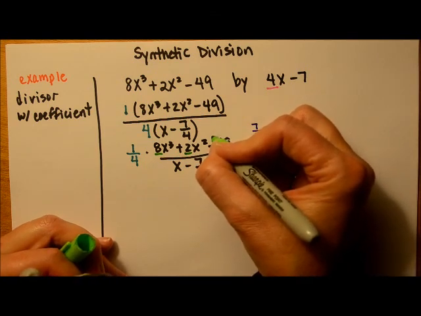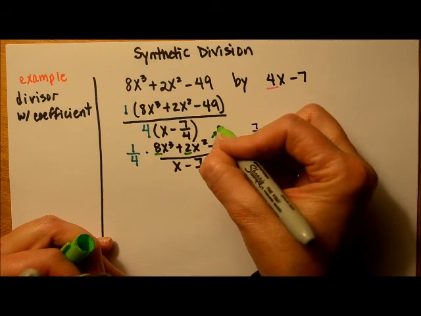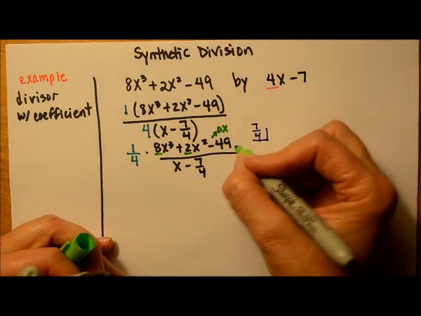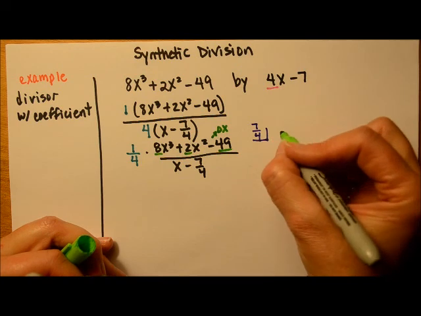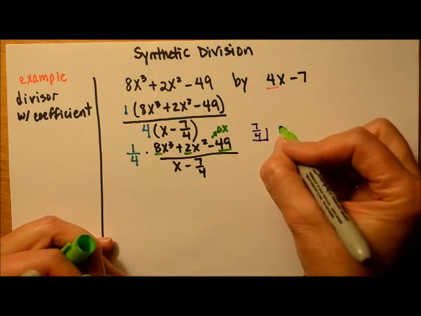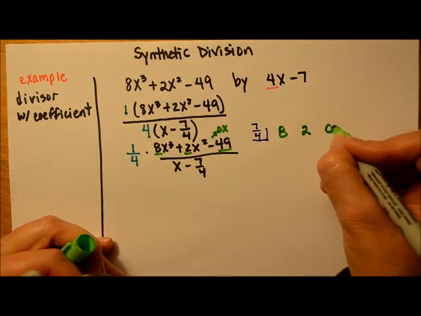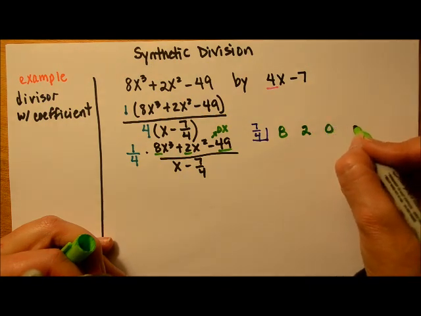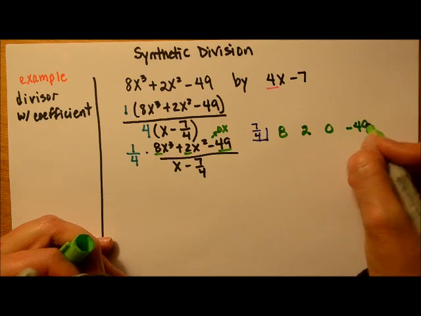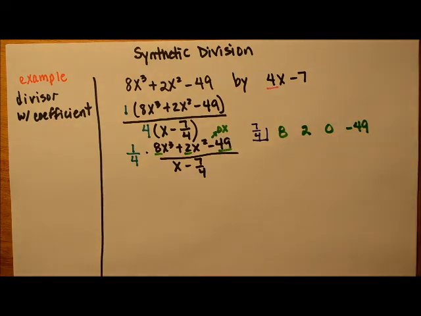There's one missing, so I'm going to have a 0x in there. And then I have negative 49. So my numbers are 8, 2, 0, and negative 49. Okay, so I needed a placeholder on that one.